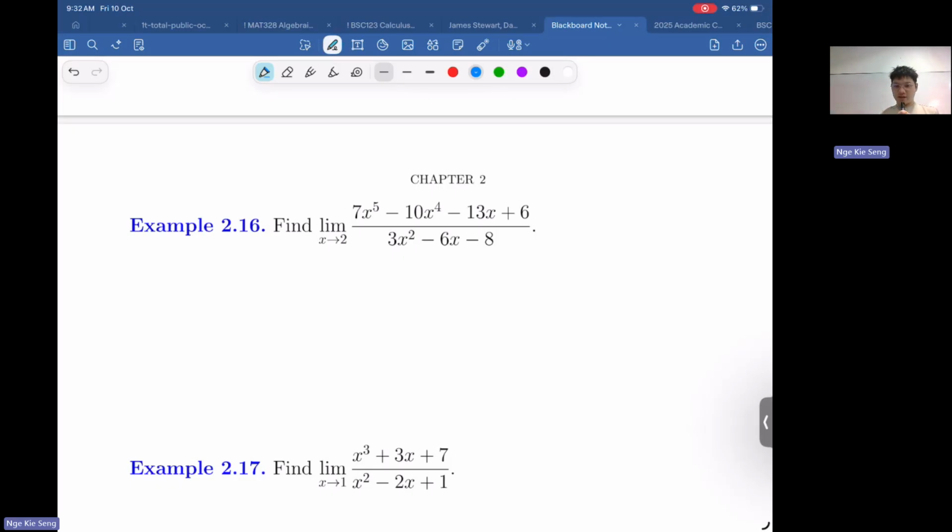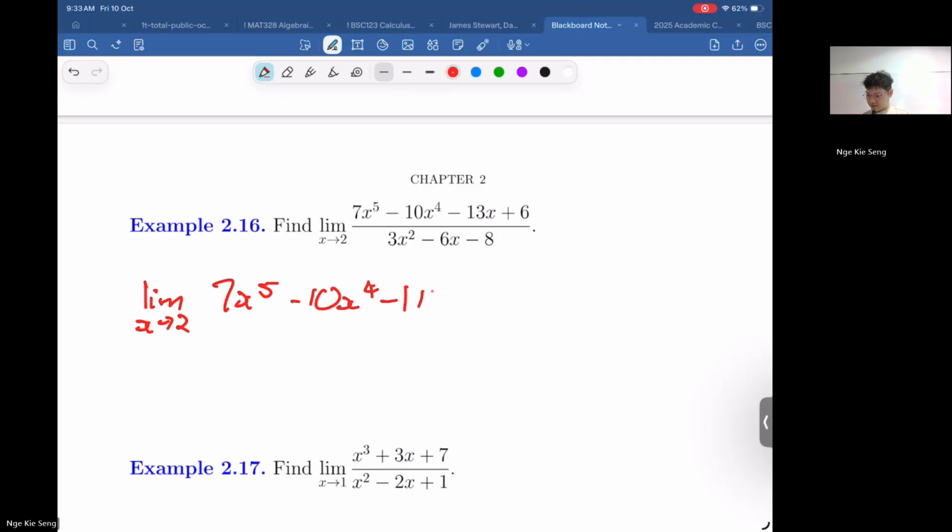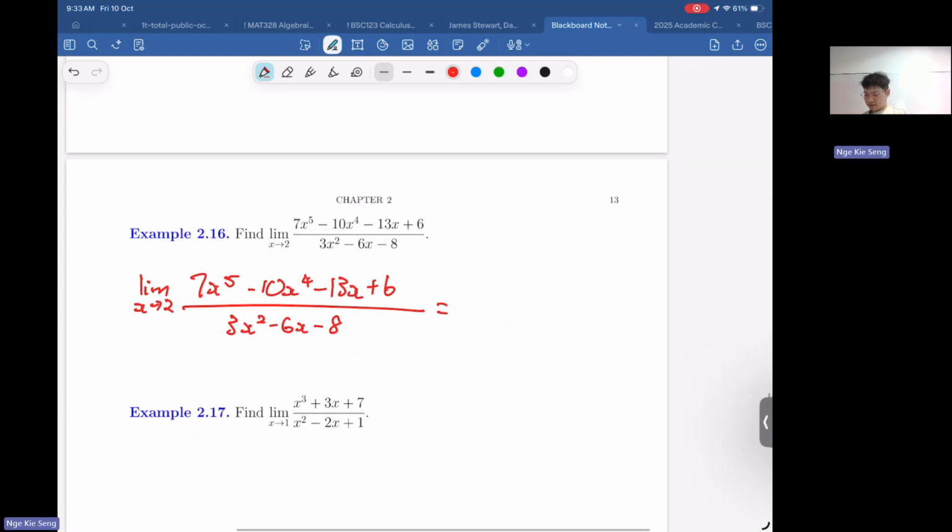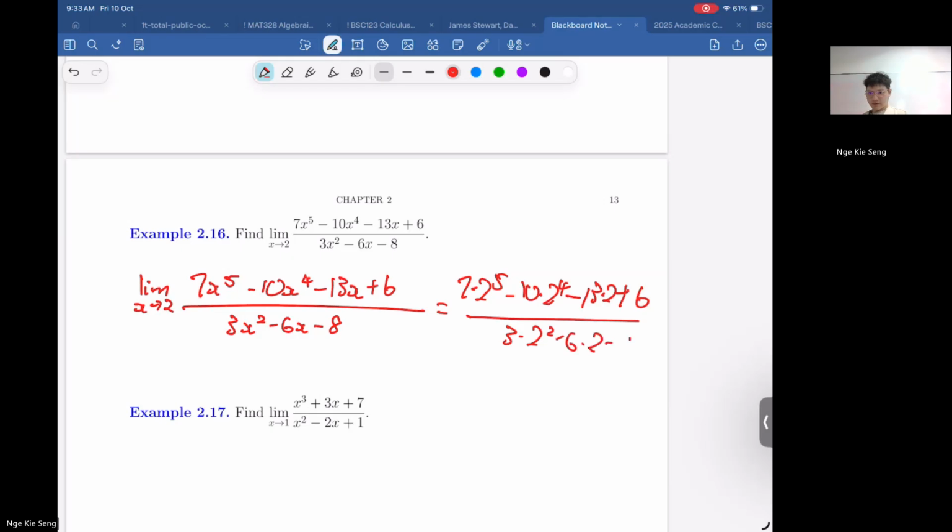Can we quickly substitute and see what the answer is? Anyone tried this? If you substitute, what are you going to get? Either you can compute by hand or just use a calculator. Then you should get something like minus 11 over 2.